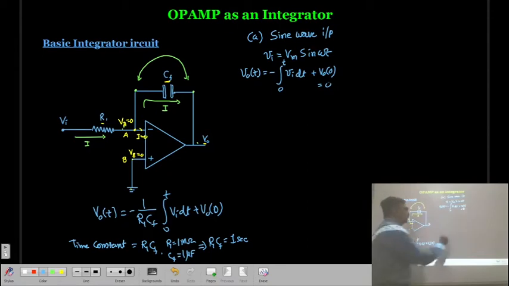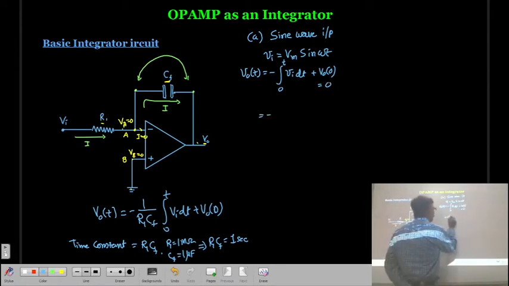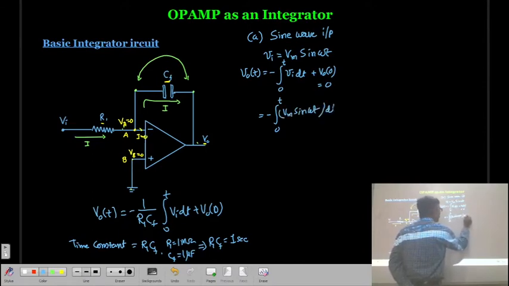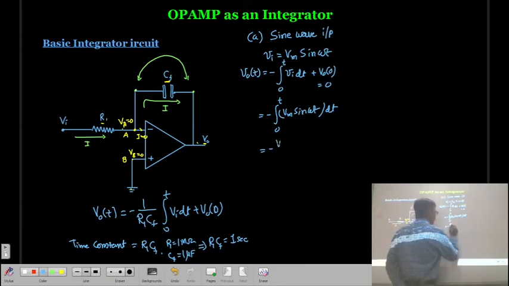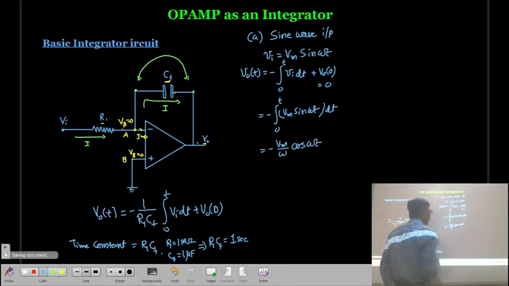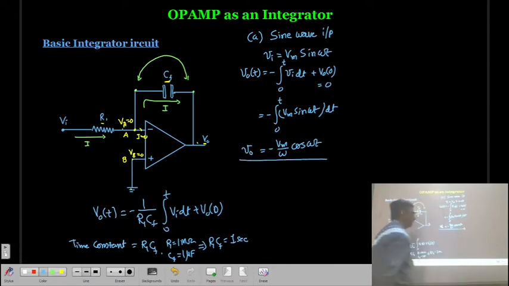Correct? So, if we take this integration, minus integration from 0 to t, my input signal is Vm sine omega t into dt. Then integration of this sine, already we know it is cos omega t. So this integration will come out to be minus Vm by omega into cos omega t. So this is the output voltage of the integrator.